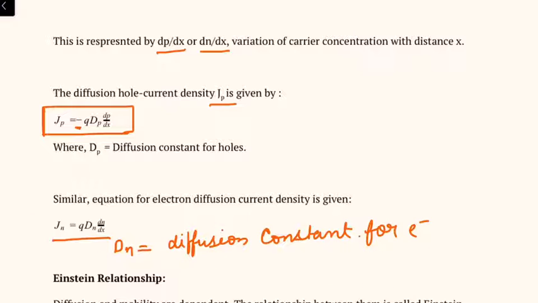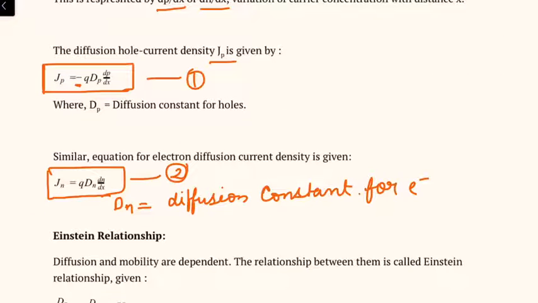The p is replaced by n and the minus sign is replaced by a positive sign. So equations 1 and 2 give the mathematical expressions for current density due to the hole concentration gradient and due to the electron concentration gradient.